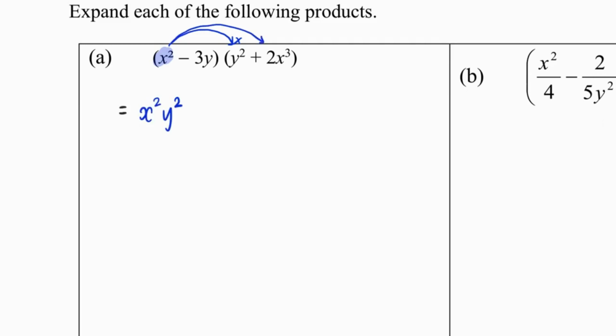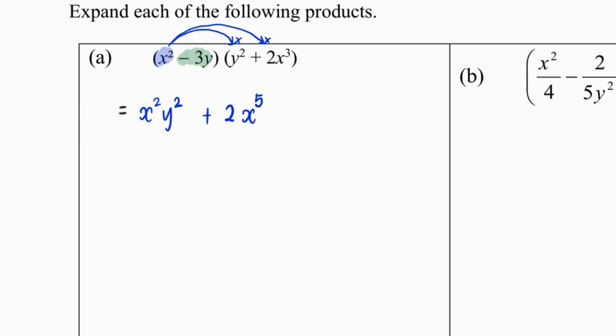I will have them multiplying by 2x cubed, positive 2x power 5. Okay, because there are 5 of the x, x times x times x times x times x, 5 times, x power 5. Something to take note of.